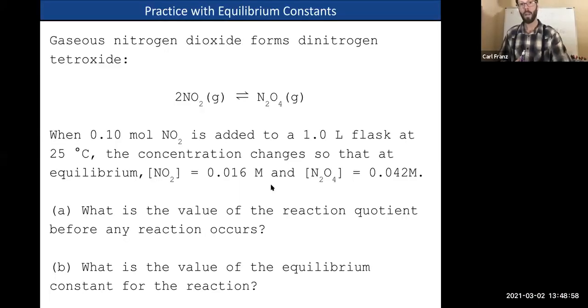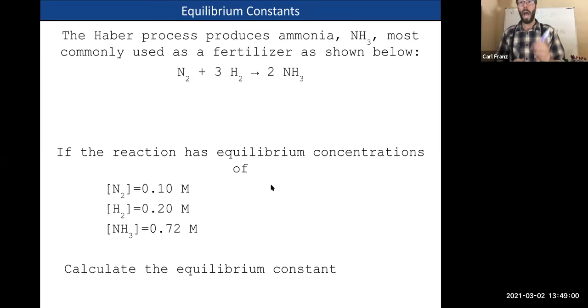Okay, let's try the next one. The Haber process, created by Fritz Haber and Carl Bosch in the early 1900s. They won the Nobel Prize for this. It basically is a way to create artificial fertilizer, or also explosives, which was the major intent. During the World Wars, when a nitrogen ban was put on Germany, they were having problems coming up with enough nitrogen to create bombs.